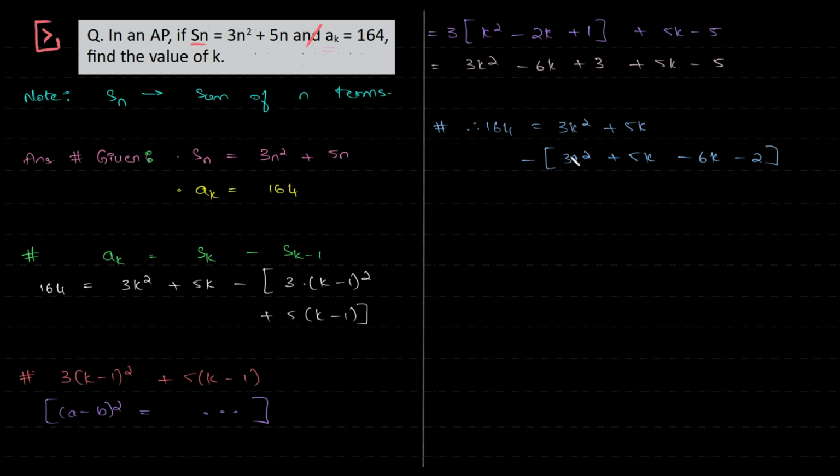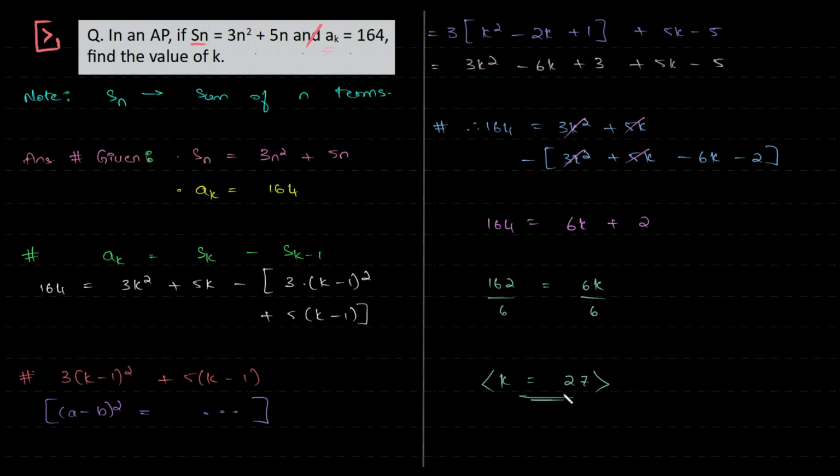We have plus of 3k square minus of 3k square getting cancelled, plus 5k minus 5k getting cancelled, and we have 164 is equal to 0 minus of this expression, that is 6k plus 2. And transposing and all of that. So what do we have? 162 is equal to 6k. So k is equal to 162 divided by 6. 6 2s are 12, and we have 6 27s, and that's it. This would be your answer.